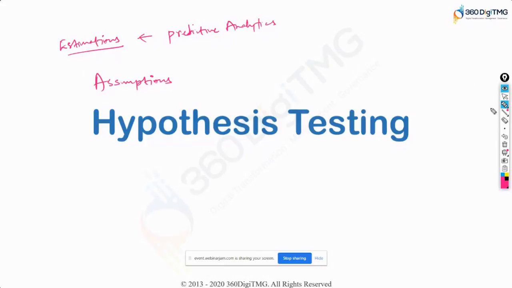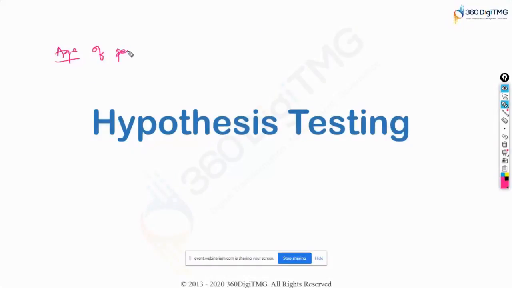Let's say you have to make an assumption on the age of people who are dying due to COVID-19. We don't know if it is an ongoing event or a future event.